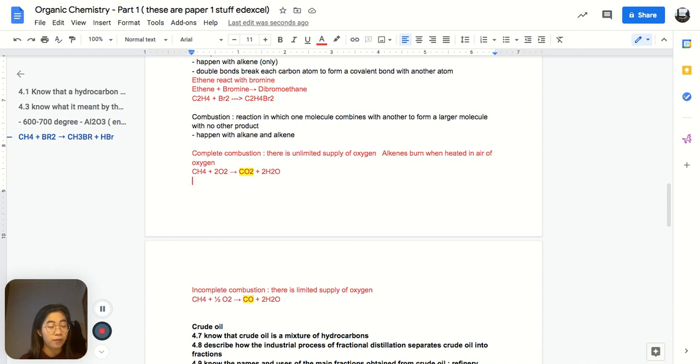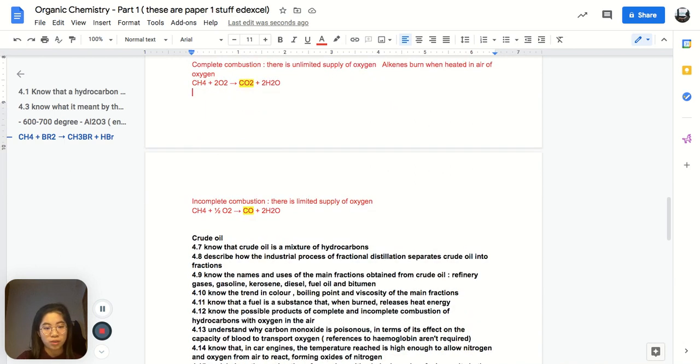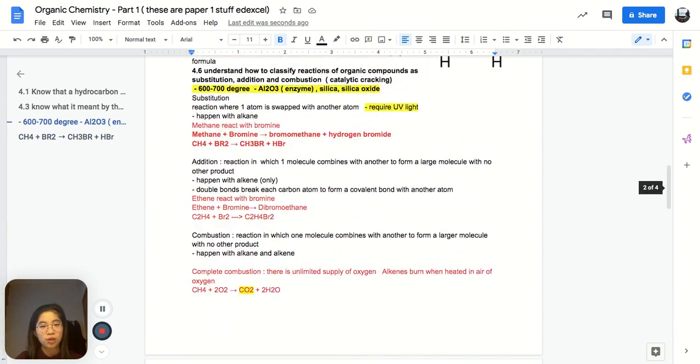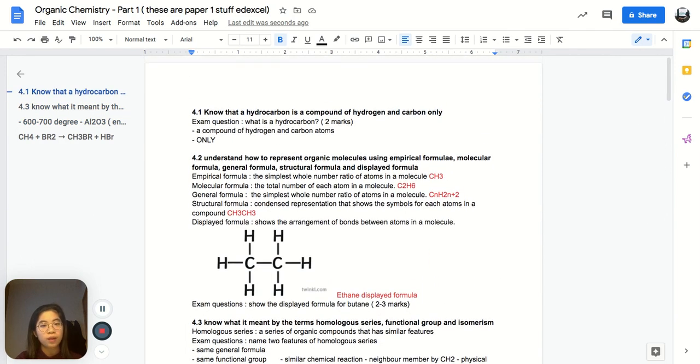And they love to ask you the effect of carbon monoxide. So if you guys don't know, CO is basically carbon monoxide, and carbon monoxide is poisonous, guys. You will die from smelling it. But that is another point that I will talk about later on in 4.13, where I explain why carbon monoxide is poisonous.